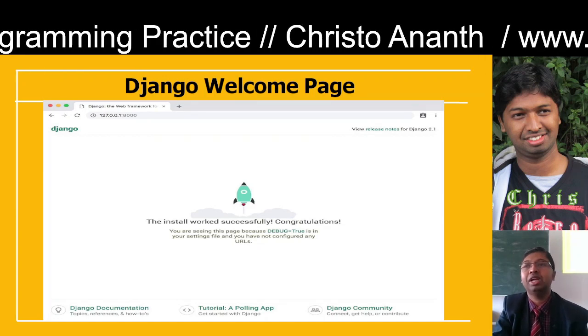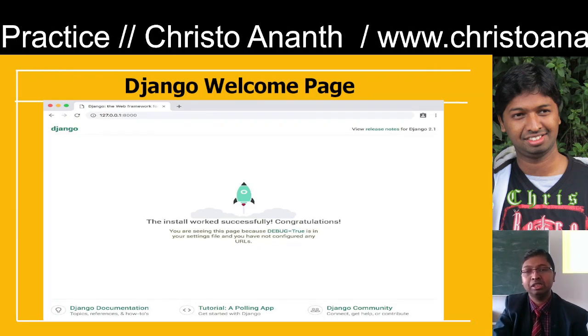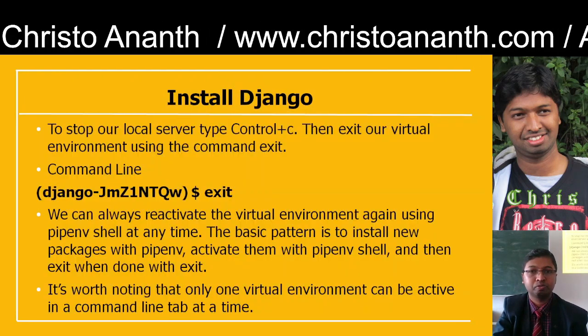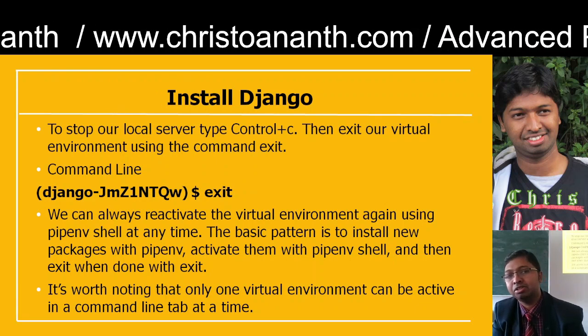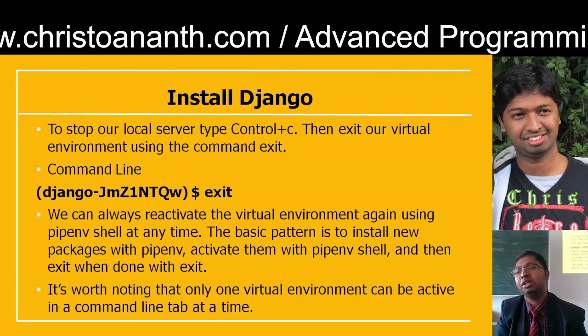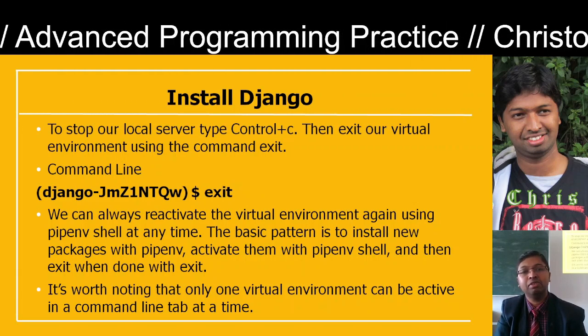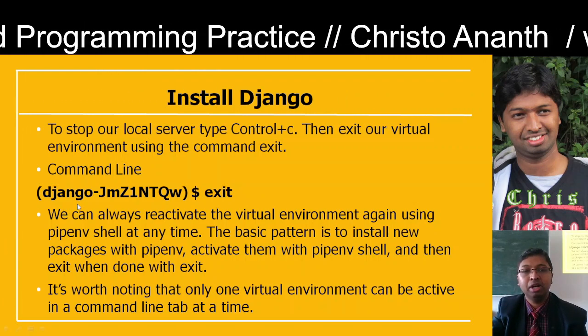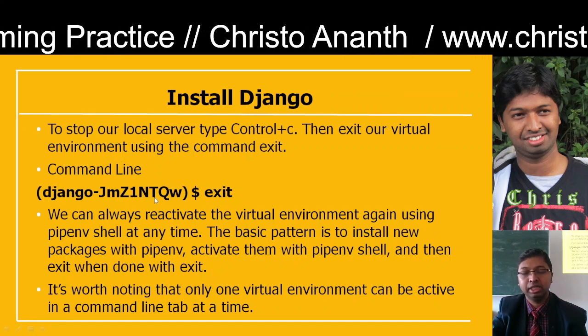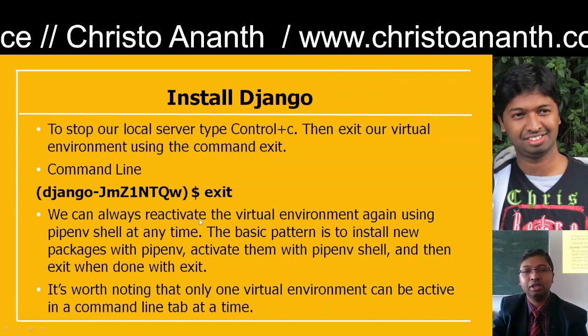Congratulations. If you get this message, it means that the installation worked correctly. To stop the local server, you can type Control and then C. To exit the virtual environment, you type $ exit.